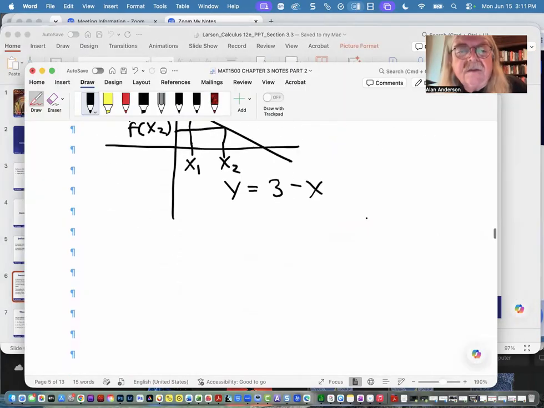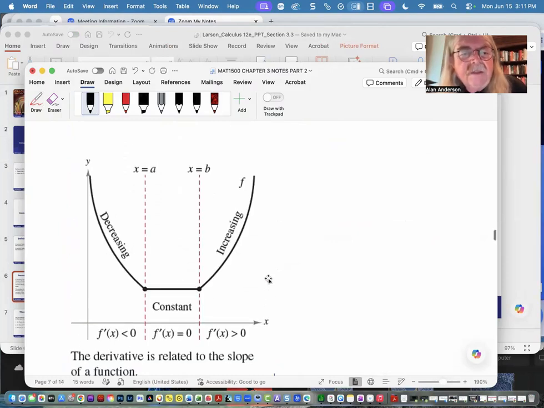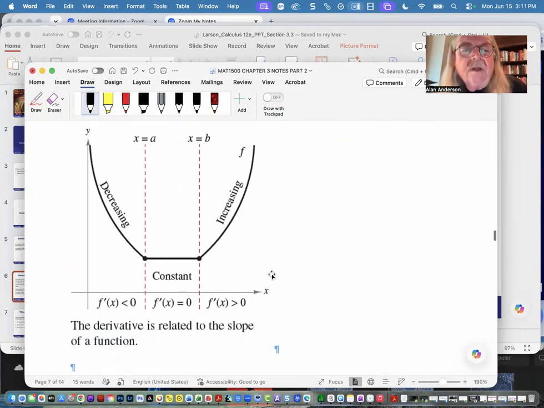Let's take a look at this. This is a very strange little function. So clearly, the way they've drawn it, it's decreasing up to x equals a. Between a and b, it is constant, which simply means that no matter what x's I pick, the f of x's are the same. And then after that, it's always increasing. So you can see that increasing or decreasing in these cases applies within certain intervals, not the entire function.